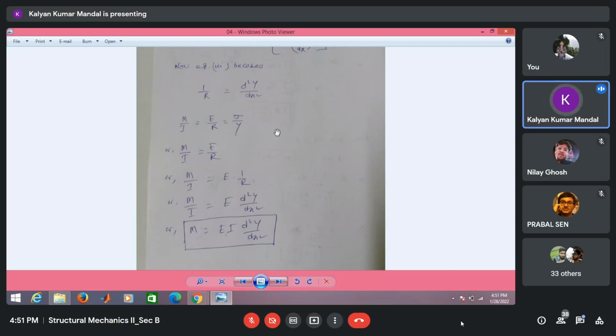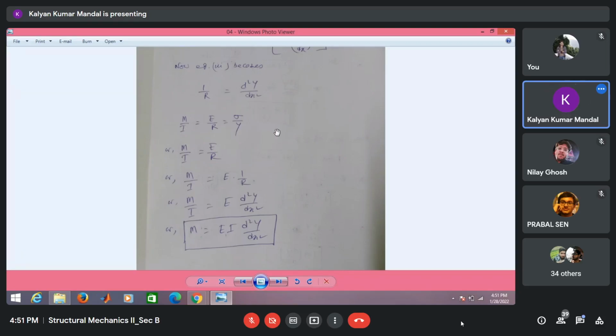That is, Y is nothing but the distance of a point from the neutral axis. This is the expression of Bernoulli's equation.